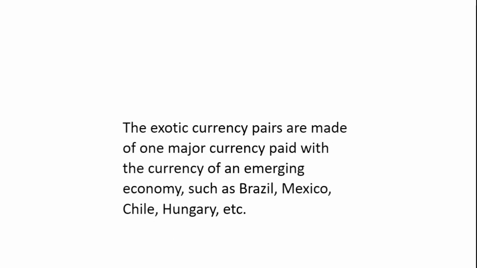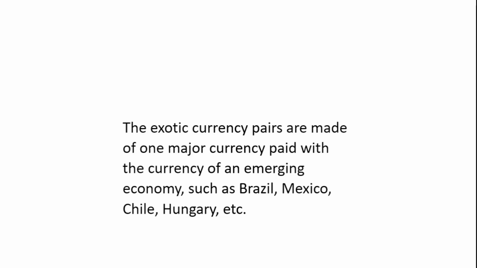Then the third one are the exotic currency pairs, which are made of one currency paired with the currency of an emerging economy. For instance, we have the major currency, maybe it's the US dollar, the pound, the Japanese yen, the euro.